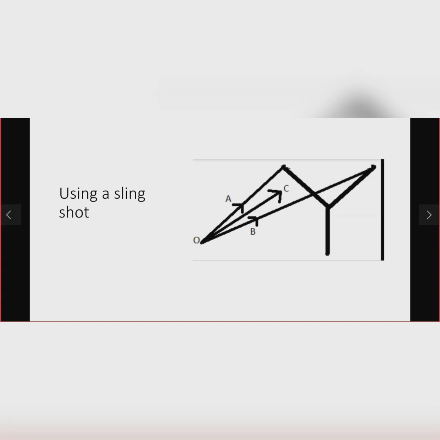So using a slingshot is again an example of vector addition.